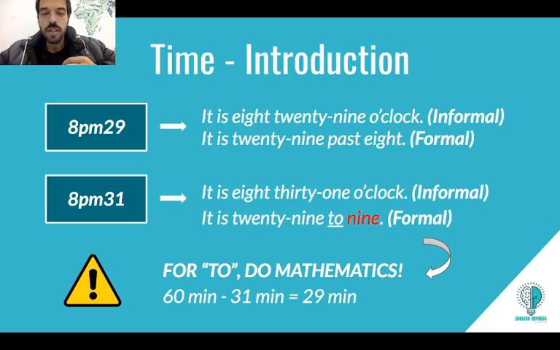So 60 minutes, which is the total of an hour, minus 31 minutes, which are the minutes that you see there. In total, we have 29. So it is 29 to 9. What does it mean? It's 29 minutes to 9, which is the next hour. Very important part, guys.